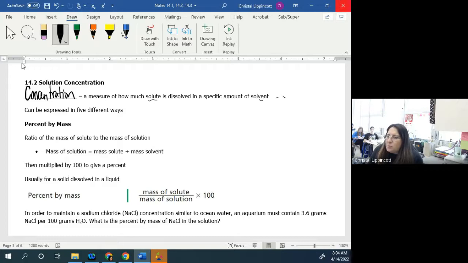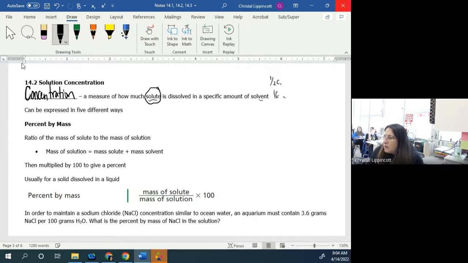We can express this concentration in 5 different ways because you can change the amount of solute. Let's say you wanted that Kool-Aid to be really, really sugary. You could add more than the 1 cup of sugar that the recipe calls for. Or if you didn't want it to be as sugary, you could add half a cup.